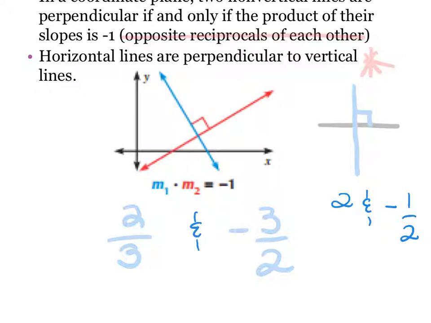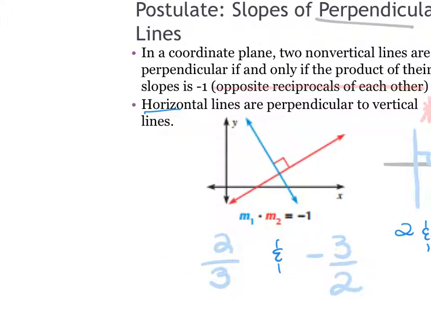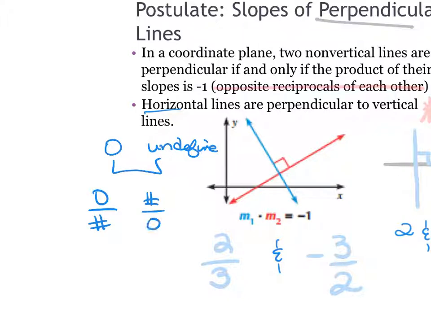Now, this one right here, the last bullet point: a horizontal line, remember, has a slope of 0, and the vertical line has a slope that's undefined. So undefined and 0, because if you think about it, it's 0 over a number and a number over 0. They're not opposite signs, but they're reciprocals in a sense, because the zeros switch.